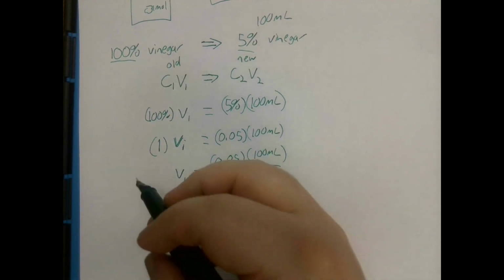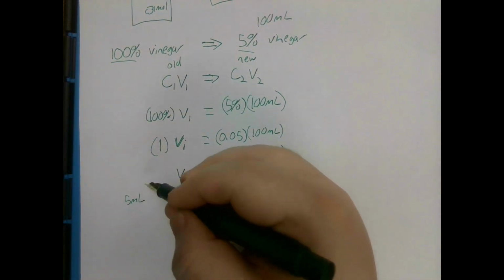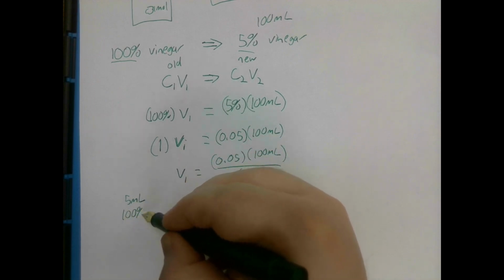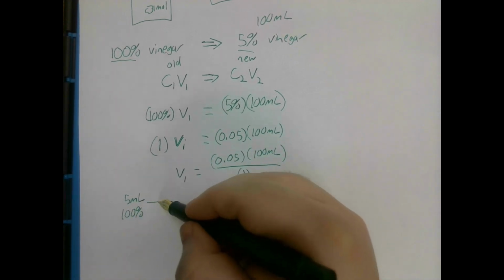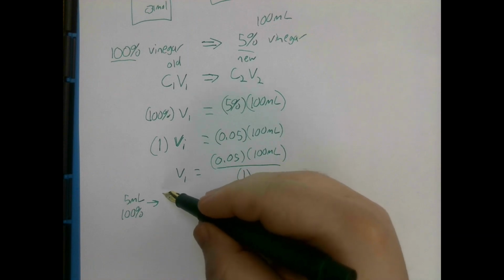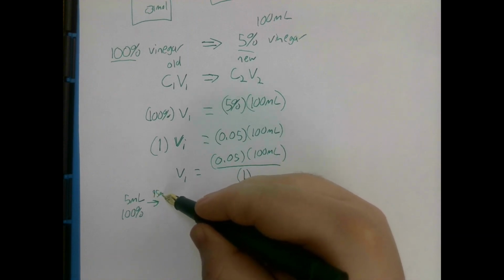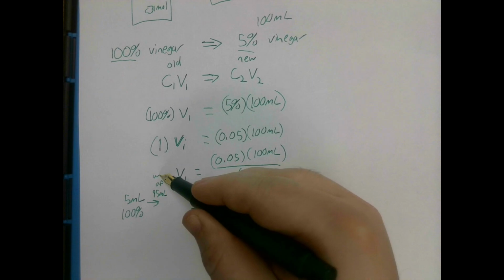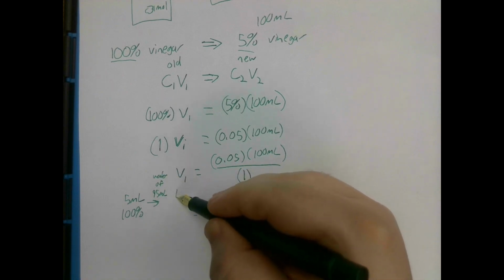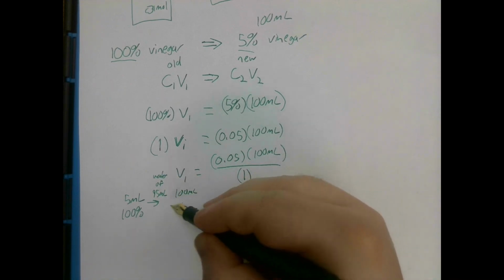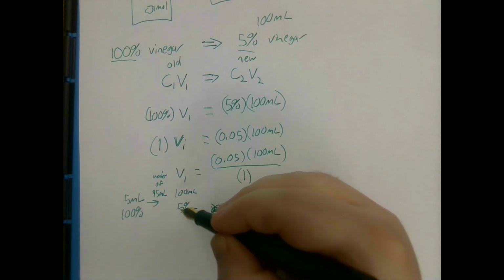So if I took 5 milliliters of 100% vinegar and diluted it by adding 95 milliliters of water to get it to 100 milliliters, the concentration would be 5%.